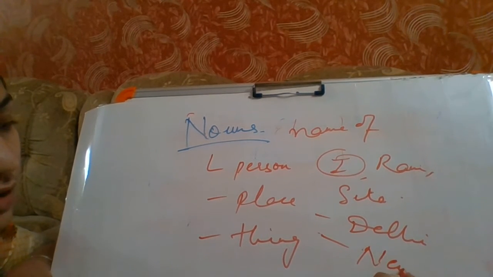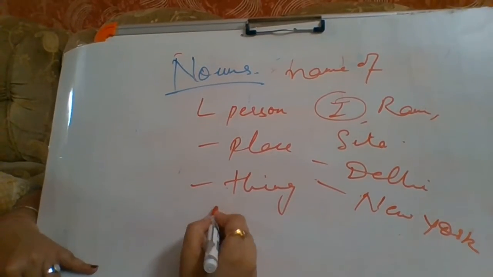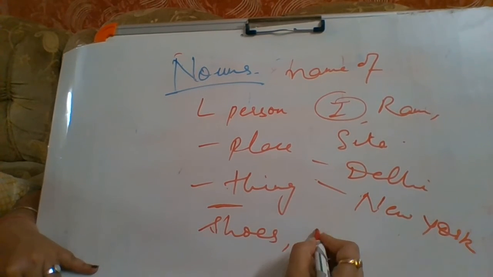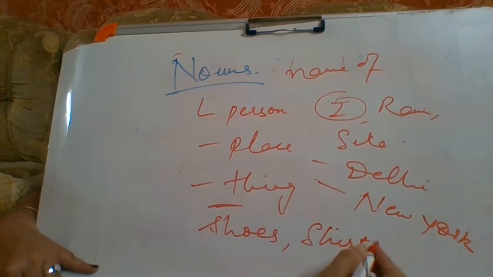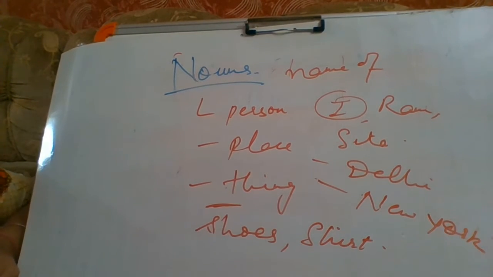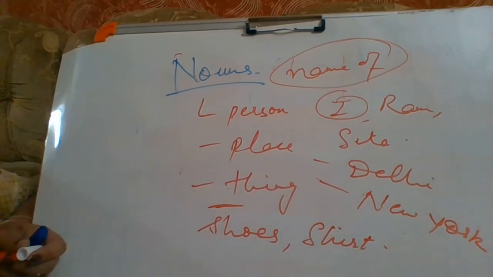New York is a noun. And if we talk about things, shoes, shirt, it's a noun. Anything that has a name is a noun.